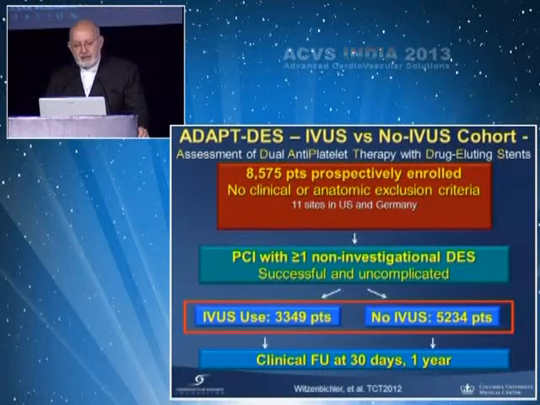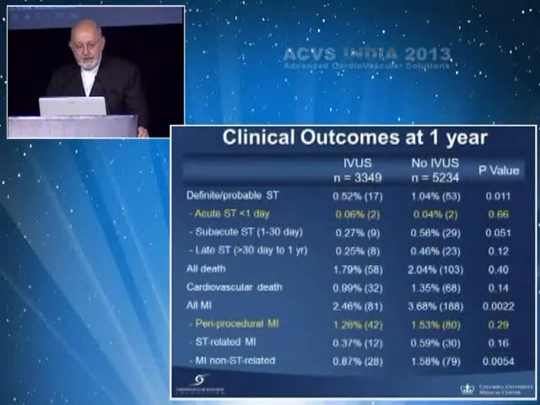To show you just one of these studies, ADAPT-DES was a study looking at predictors of stent thrombosis in drug-eluting stents. There was a pre-specified comparison of IVUS guidance versus lack of IVUS guidance, 3,300 patients in the IVUS-guided group, 5,200 patients in the angiographic guidance group.